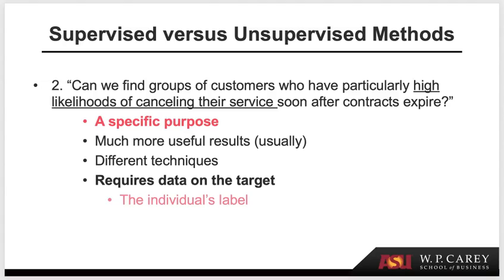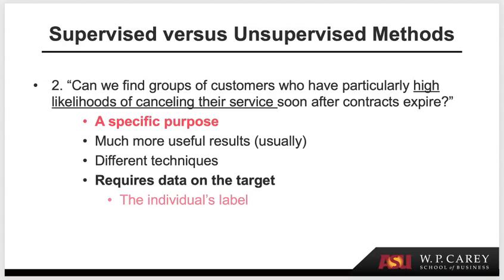How about this one? Can we find groups of customers who have particularly high likelihoods of canceling the service soon after contracts expire? Is it an example of supervised or unsupervised? Do we have any specific target outcome of interest? Yes.